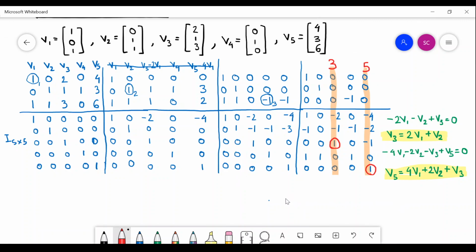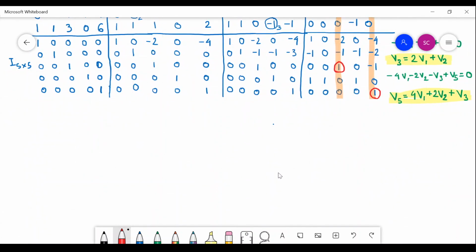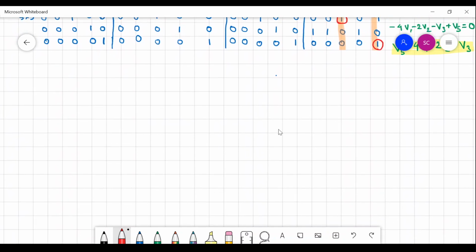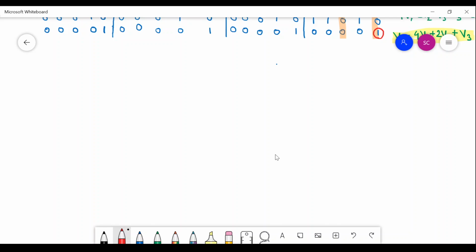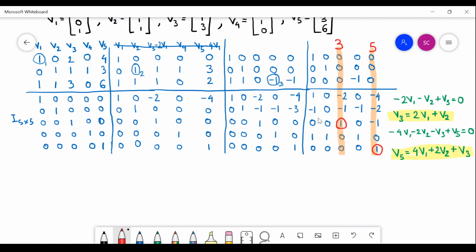Now suppose that there are vectors which are independent of each other. So we have an independent set of vectors. Then what do you expect? We expect that these zero columns that have been produced by this operation will also have zero elements here.